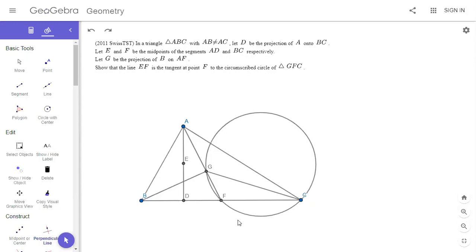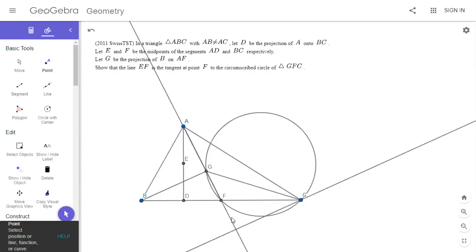I think that might help us. Actually, I'm not sure. So we want to show angle AFE is equal to angle AGC.